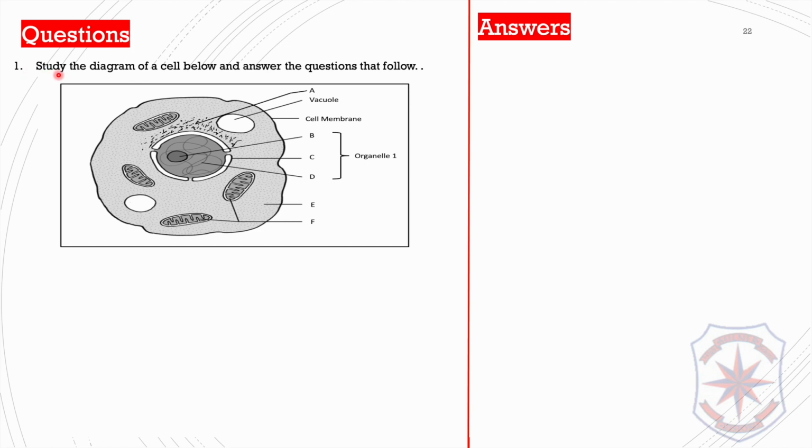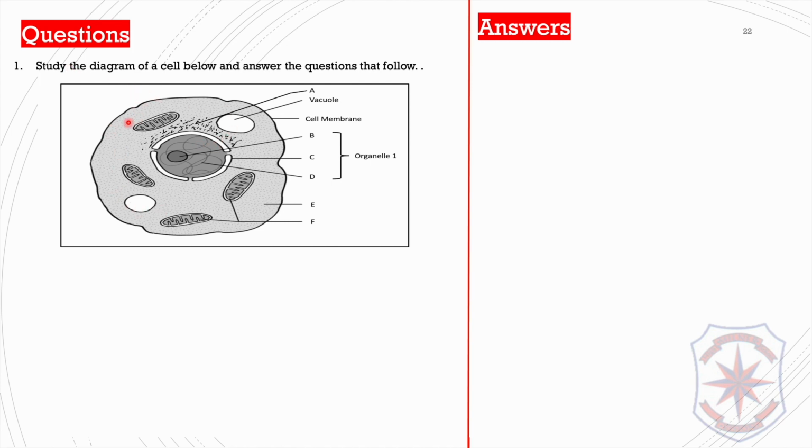And after studying the diagram, then you look at the questions. Do not look at the questions first and go back to looking at the diagram. So you should grab your pencil or your pen, whatever you use to answer, and then you should study the diagram.